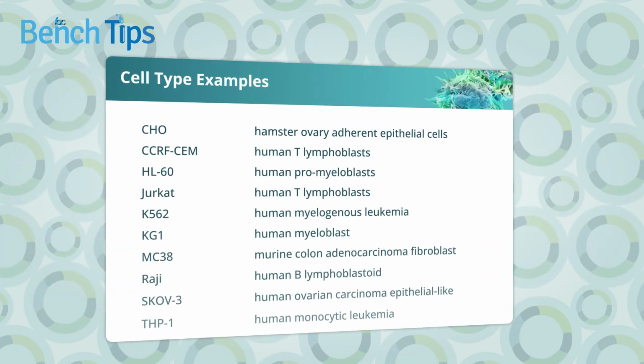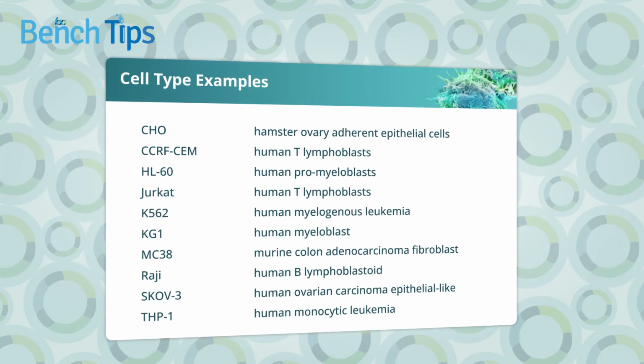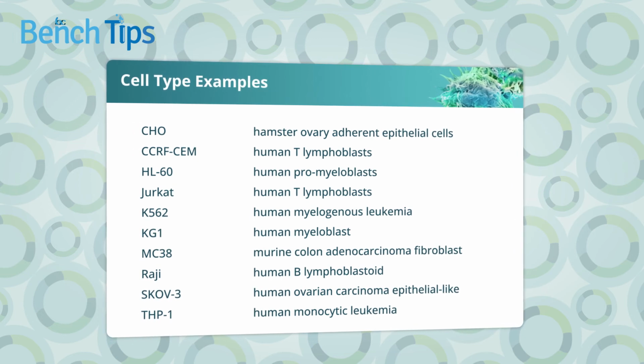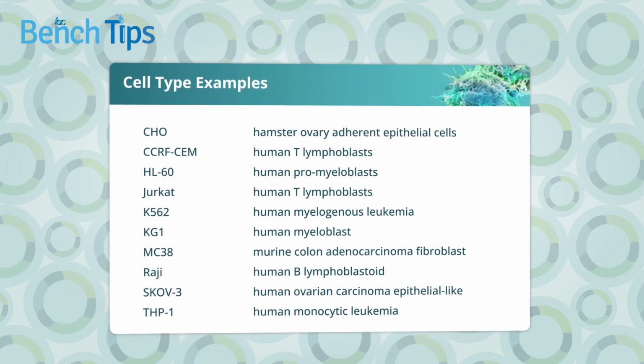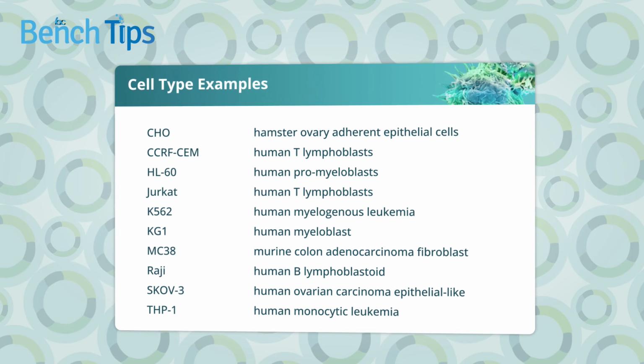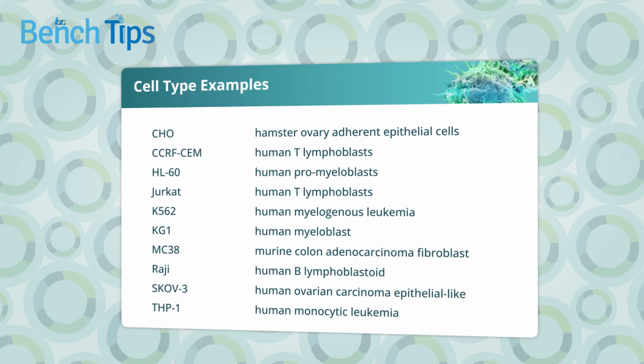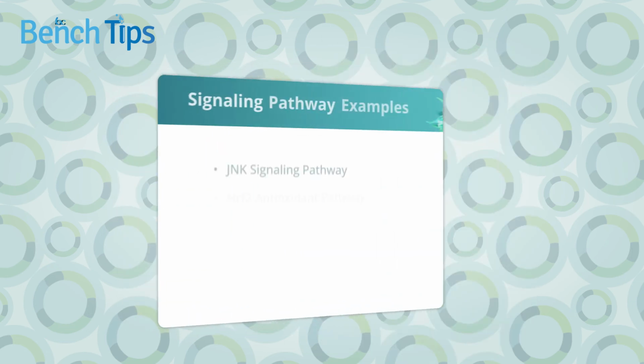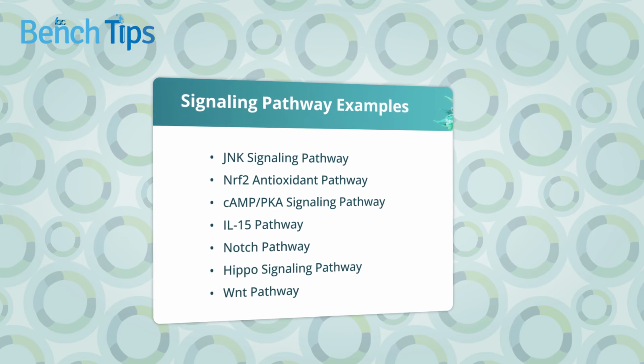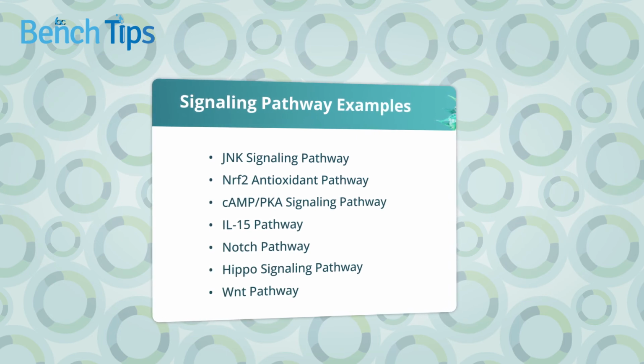When it comes to selecting a reporter cell line, there are several important factors to consider. The first of these is the cell type. If you're already using a particular cell line for your research, you may want your reporter cell line to match. You'll also want to think about the signaling pathway, which should be relevant to your area of interest.